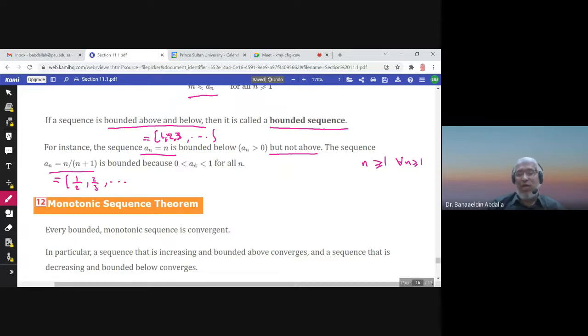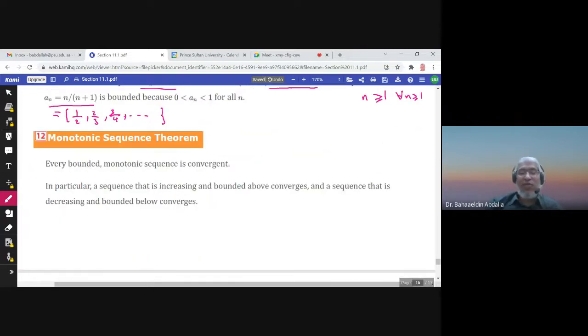So all the terms are greater than 0, so it's bounded below by 0. The limit of the sequence is 1. It approaches 1, but 1 is not one of the terms. All of these numbers, 2 over 3, 3 over 4, and so on, are less than 1. So it's bounded above by 1 and bounded below by 0. It's a bounded sequence.